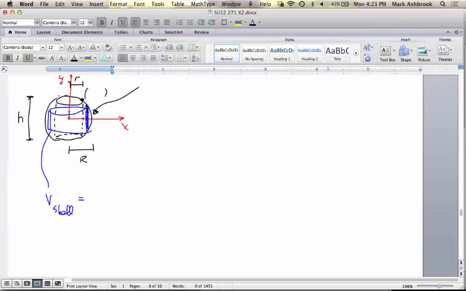But this particular point where we've shaved off the top, what would that be? Capital R minus small r? Just little r, right? And then what's this y coordinate? Is it h over 2? H over 2.